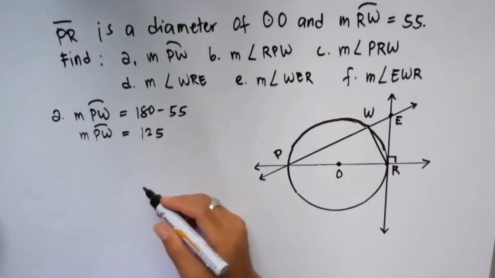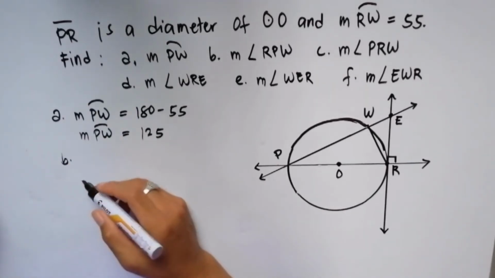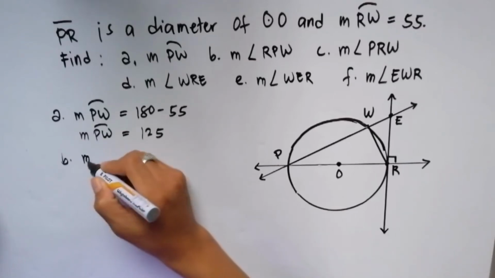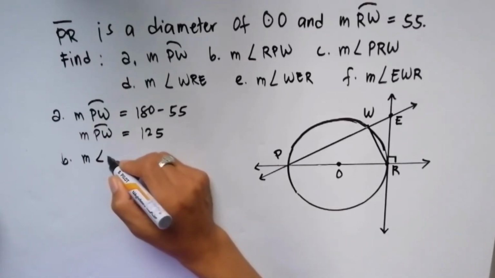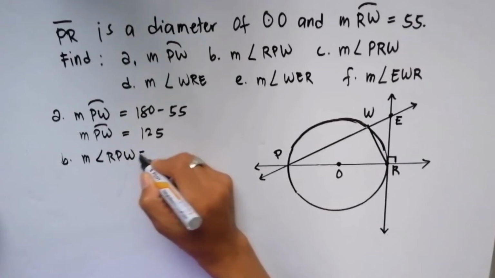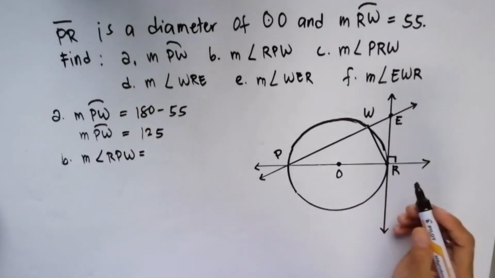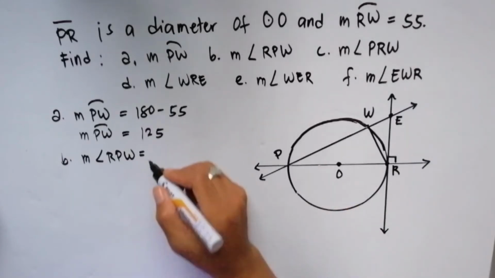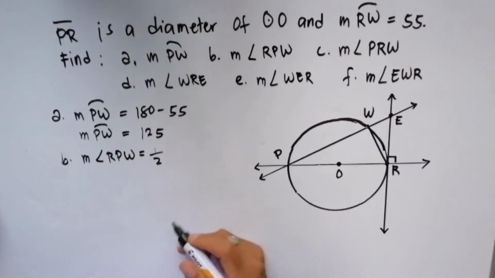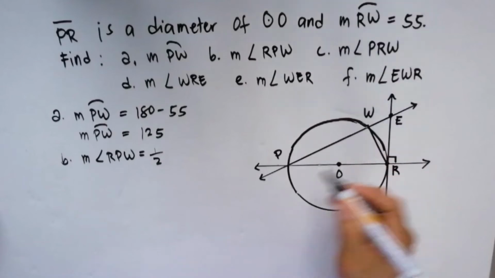Okay, how about for B? B, the measure of angle RPW is equal to 1/2 of its intercepted arc, which is RW.